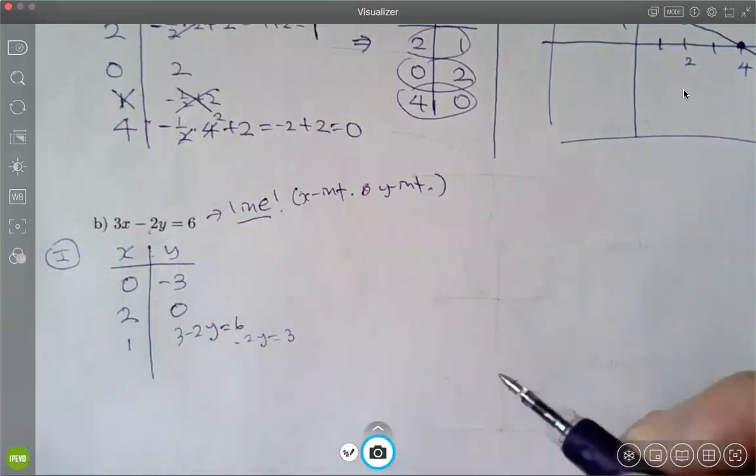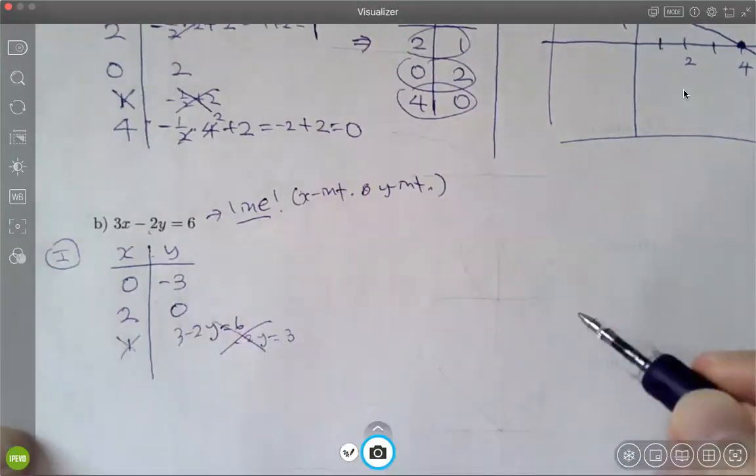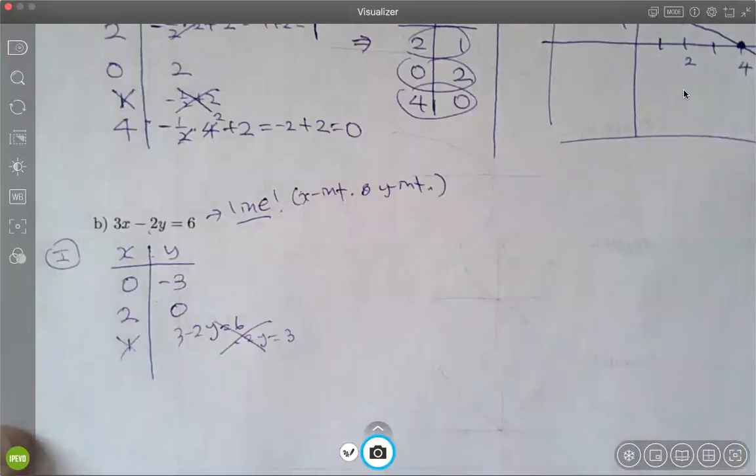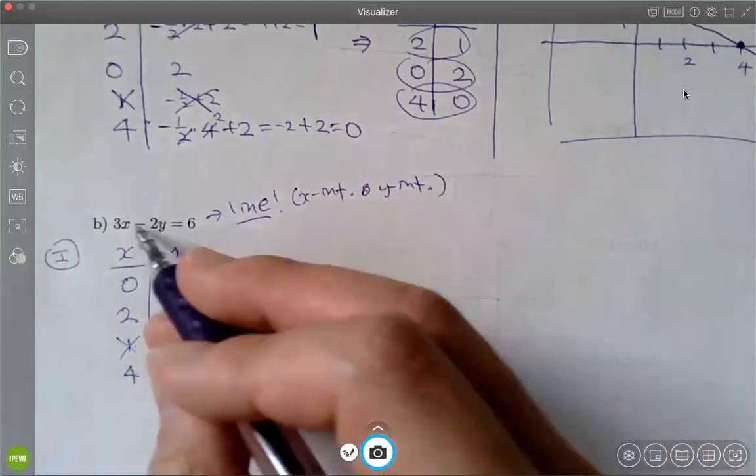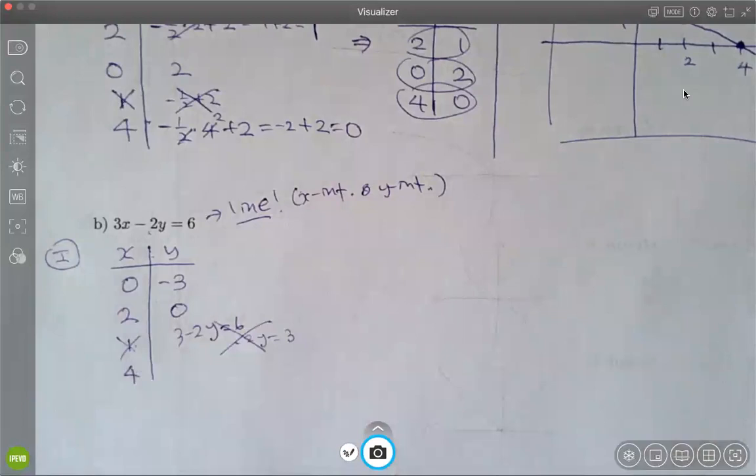So 1 doesn't work. Hopefully you can deduce that any odd number for x will lead to a non-whole number or fraction. So maybe you can try the next even number, which is 4.